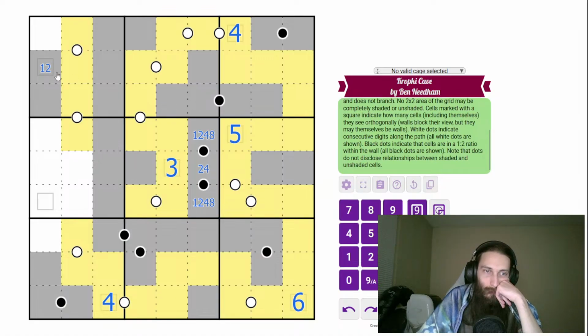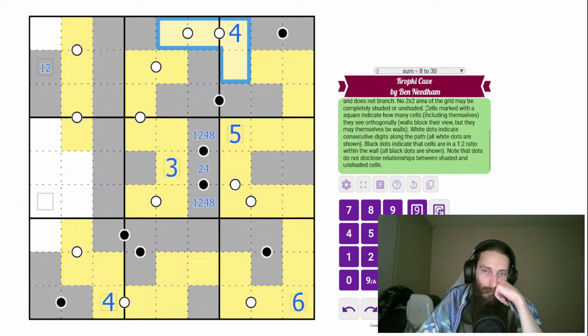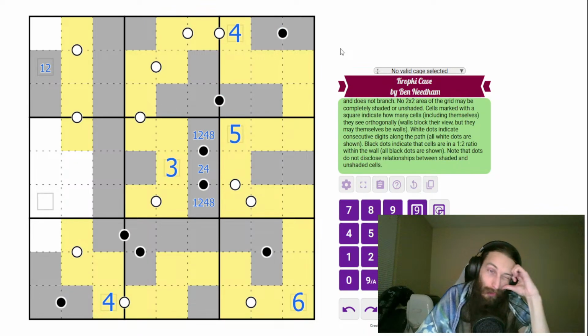Well, depending on your interpretation, I'm assuming this means 4, because the rules don't say that cells marked with a square indicate how many tunnel cells they see. You could interpret this to mean this sees 4, 5, 6, 7. But I don't think that's how it's supposed to be read, since walls block their view.